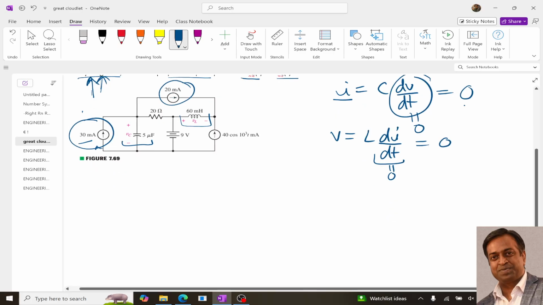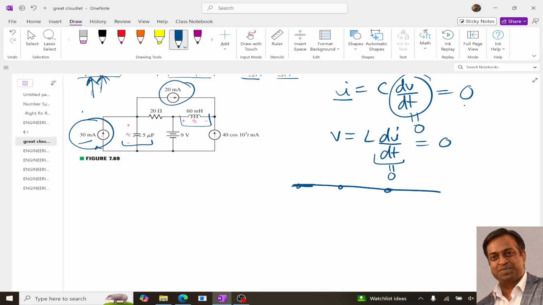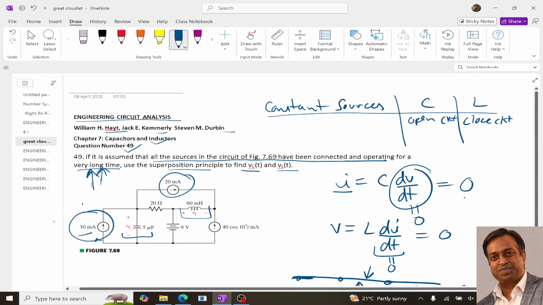For a short circuit, the resistance is 0, so the voltage will be 0, even though the current is not 0, it is constant. So R is 0, which means we can replace the inductor with a short circuit.